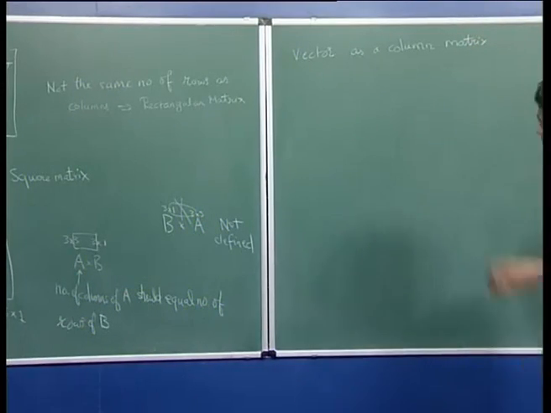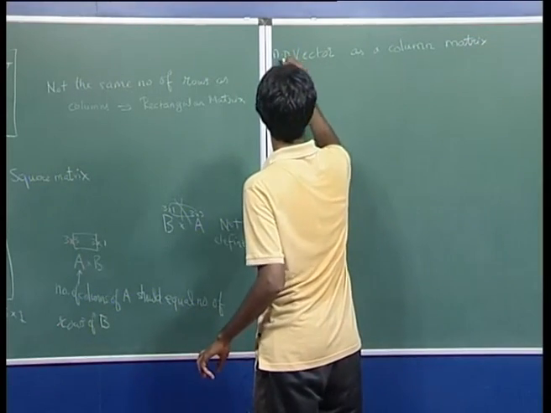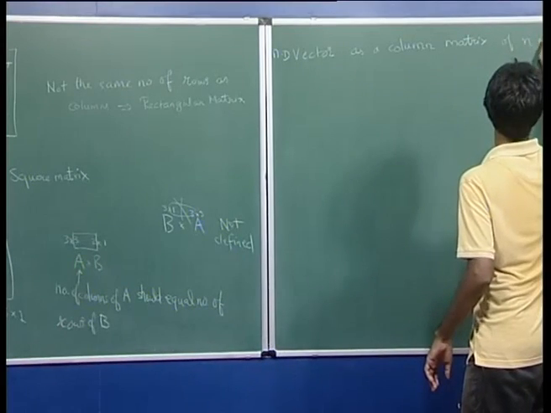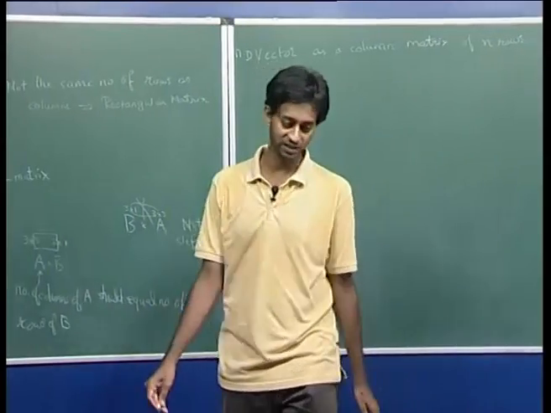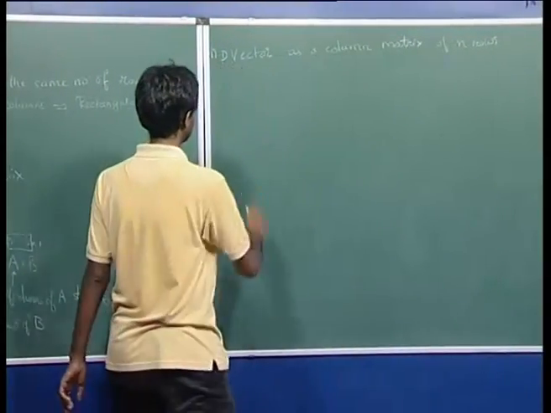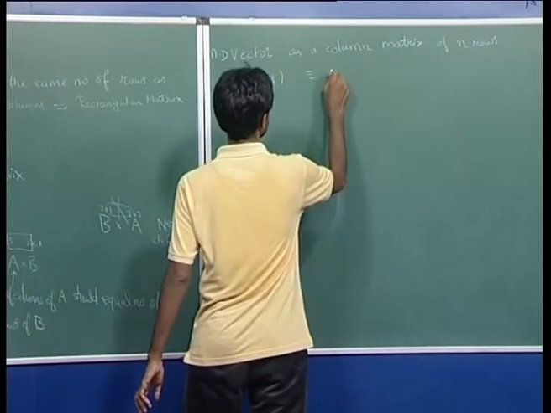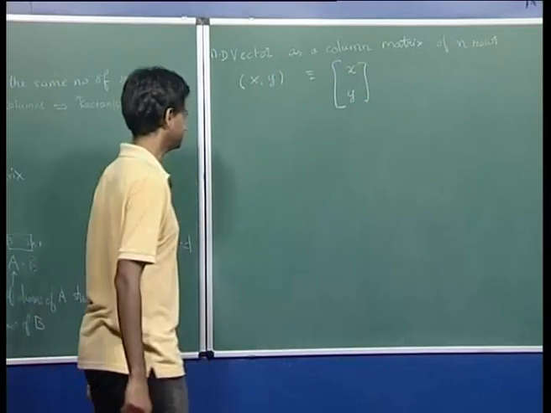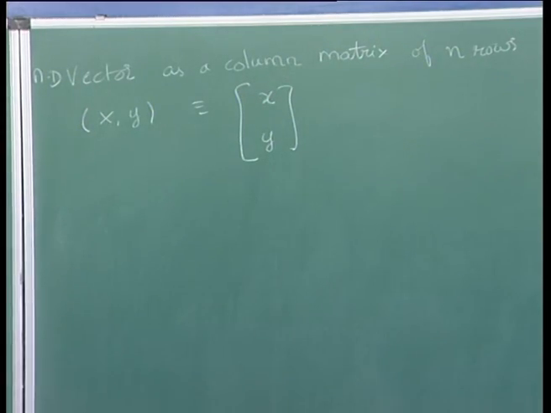So, for example, an n dimensional vector will be a column matrix of n rows. Okay. So, for example, if you have a two dimensional vector given by x comma y, you can think of this as the column vector with entries x and y. Similarly, you can extend it to 3, 4, 5 dimensions.